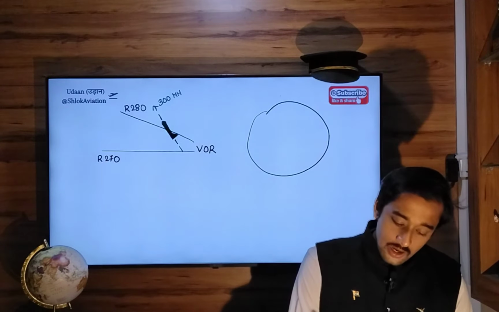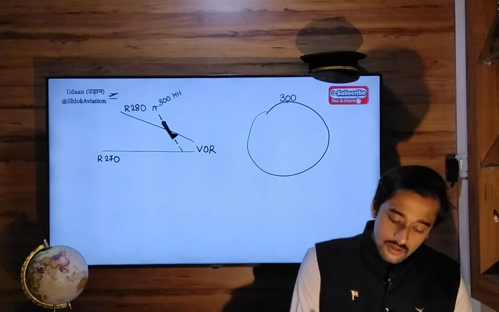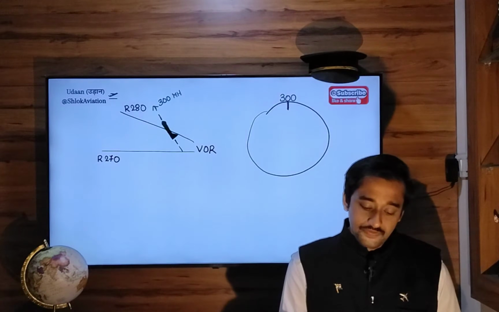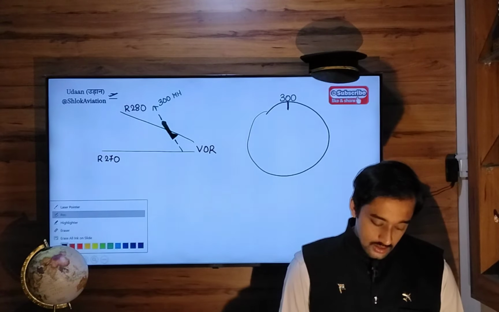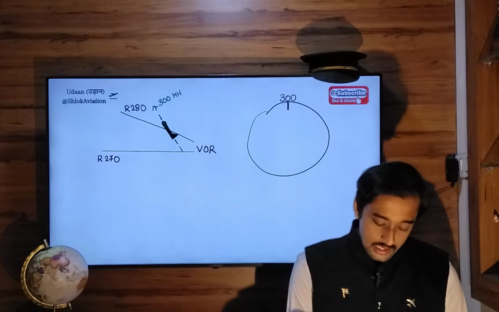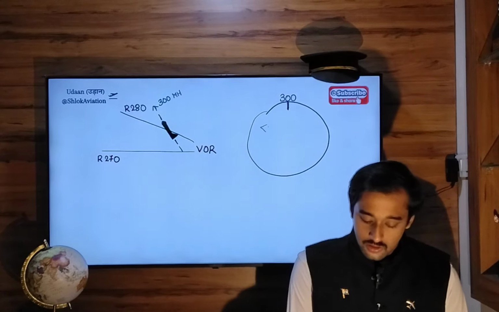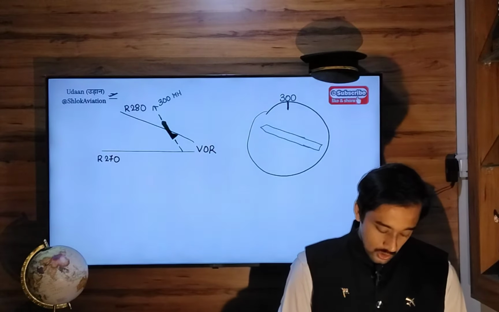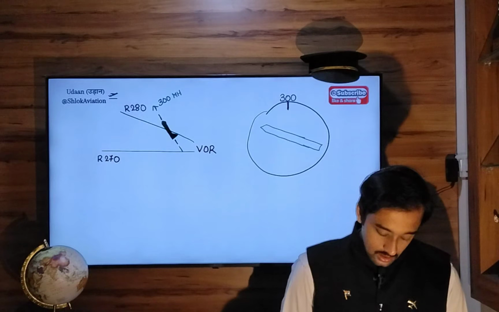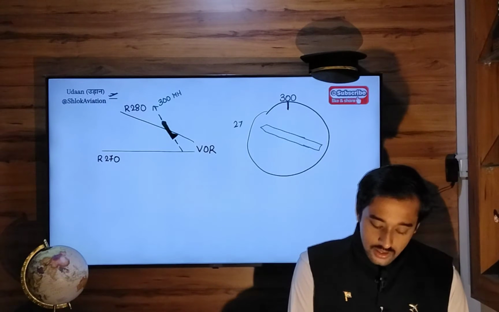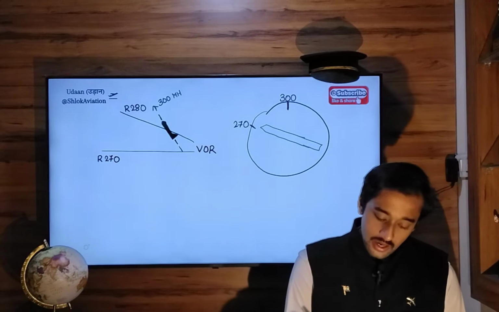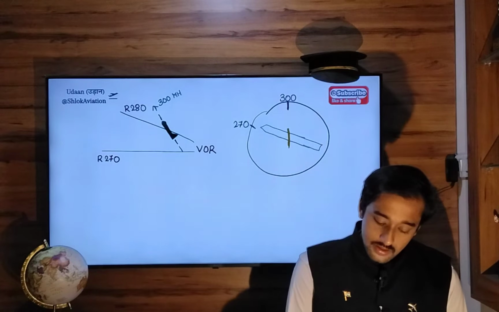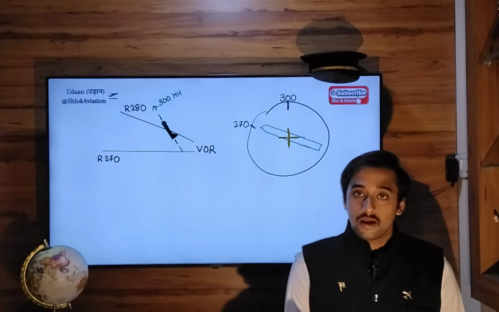Your magnetic heading of 300, okay, and the course selected will be 270. This is your aircraft symbol in the center, right?